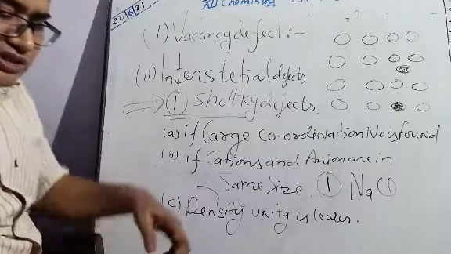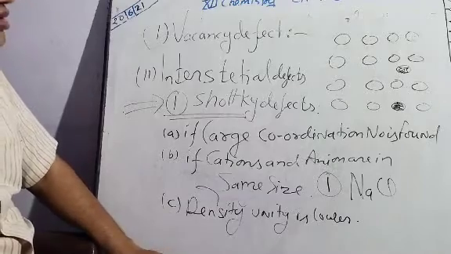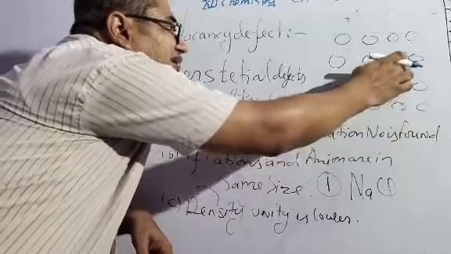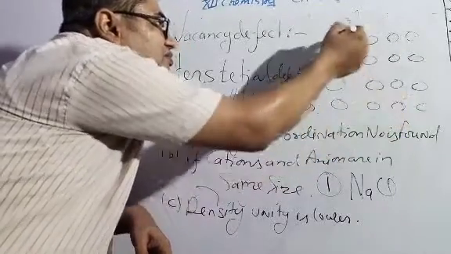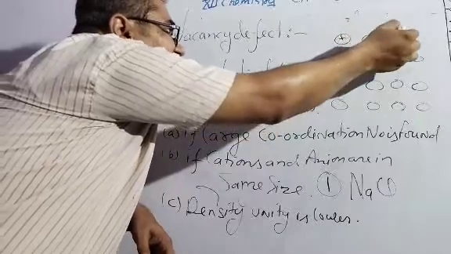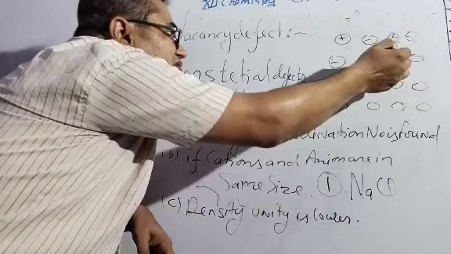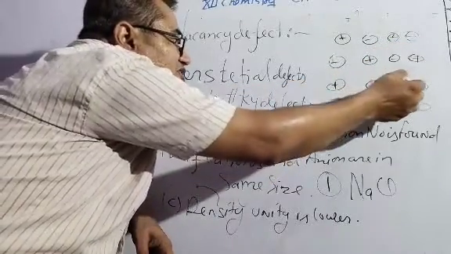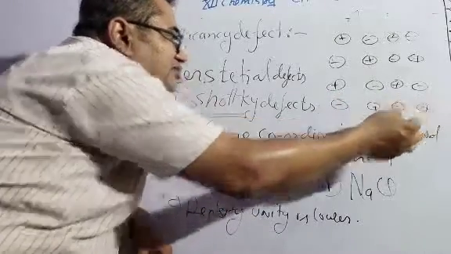We can show this kind of Schottky defect with the help of this: positive, negative, positive, negative, and so on.